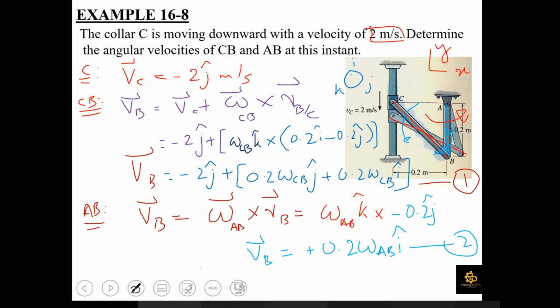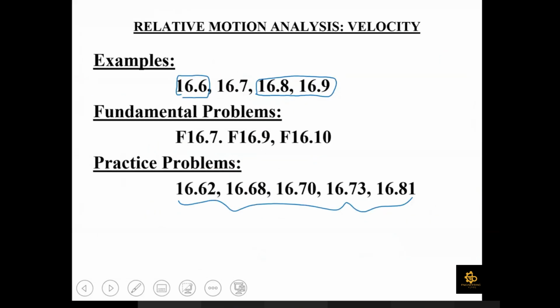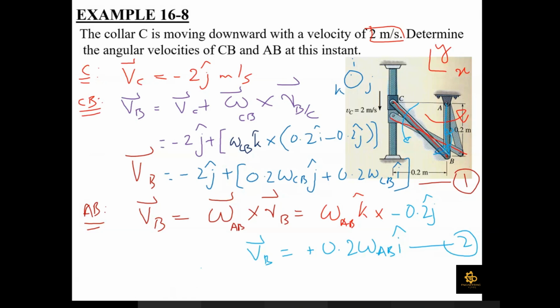So if I take the value of VB from equation 2 and put it in equation 1, that value would become 0.2 omega AB I. Okay, so now it is a vector equation. What does this vector equation represent? It represents that the individual I and J coefficients on both sides of the equation should be equal to each other.